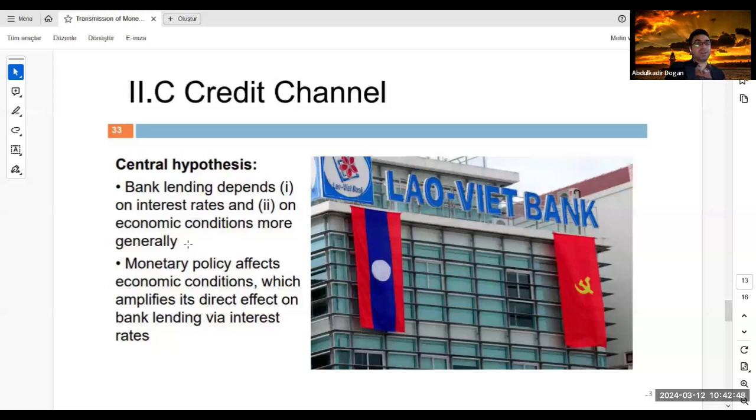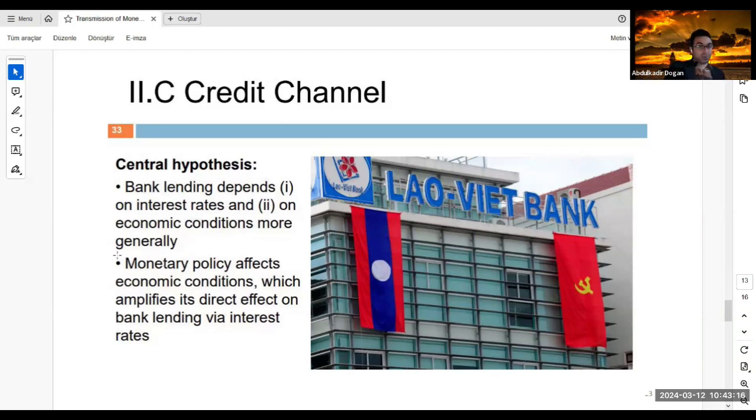If they are pessimistic about the near future, they will not give any loan to the market, because those loans will become non-performing loans, since nobody can pay the money back when the economic condition is not good. So interest rate and overall economic condition will affect the bank lending channel.